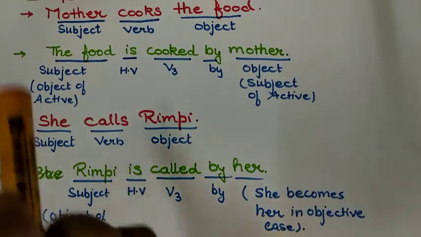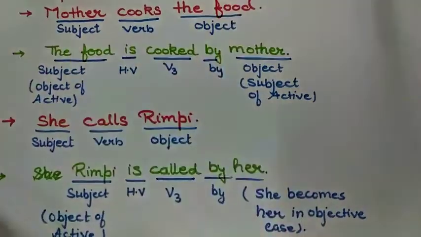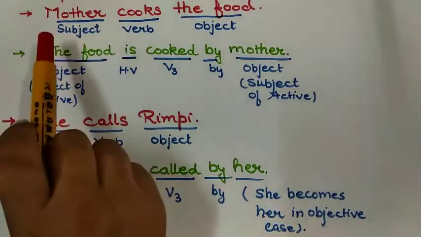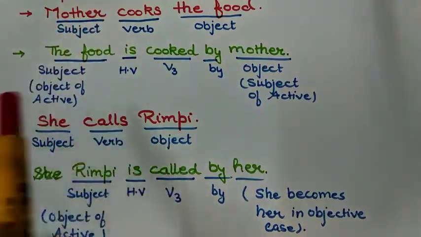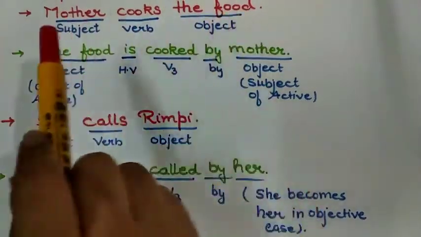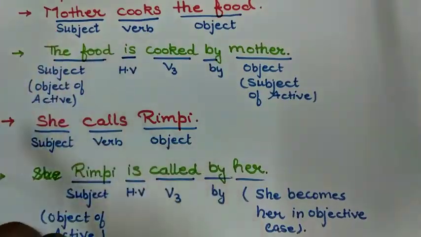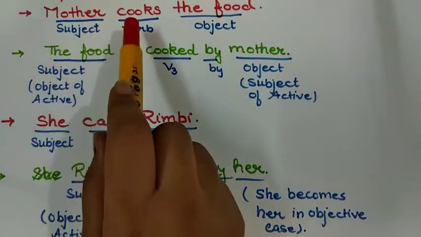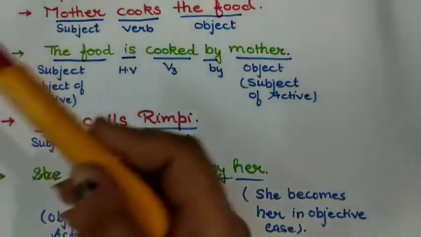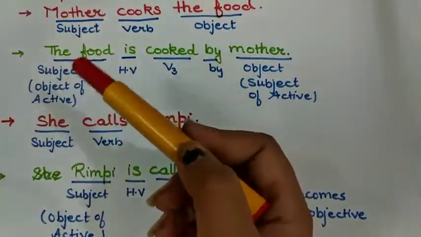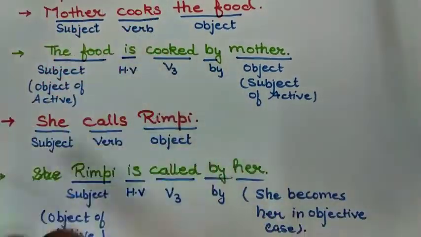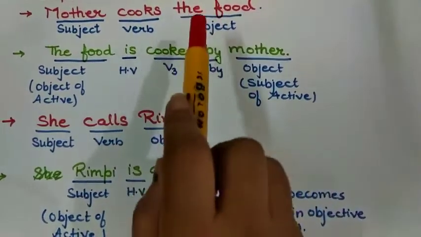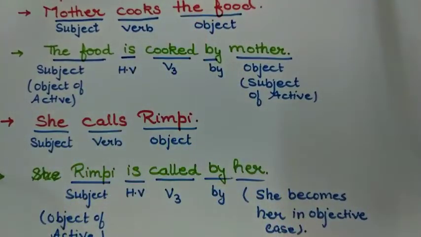So, here is mother cooks the food. This sentence is in simple present. You can see mother is doing something, means mother is cooking the food, so mother is subject. Verb is cooks, because she is cooking the food, means we are talking about some cooking, so verb. And the food is acting as object, right?